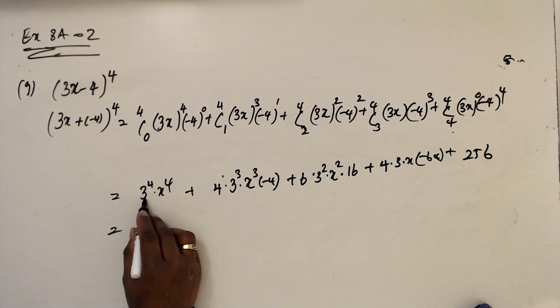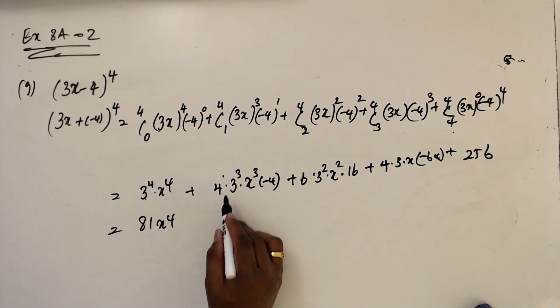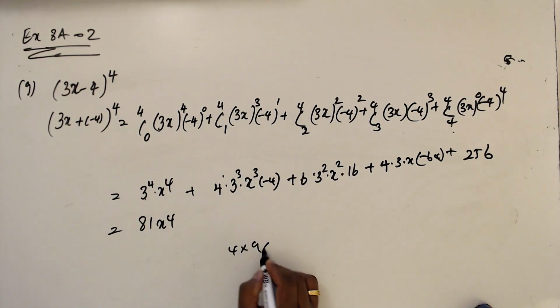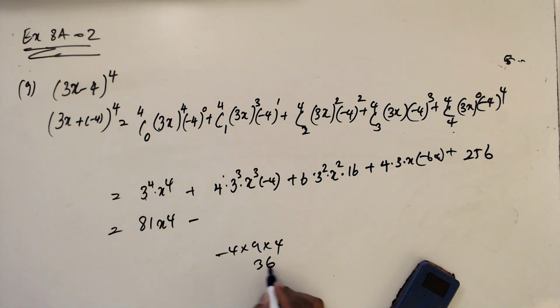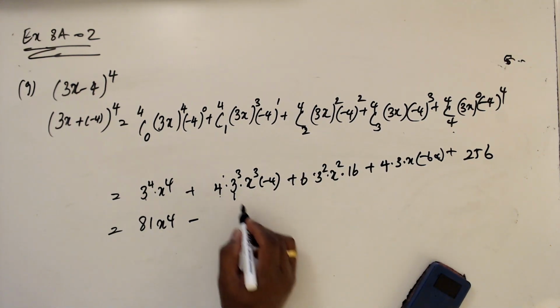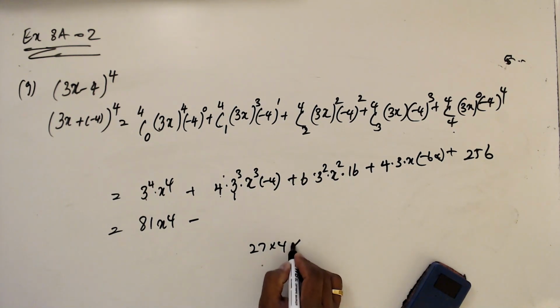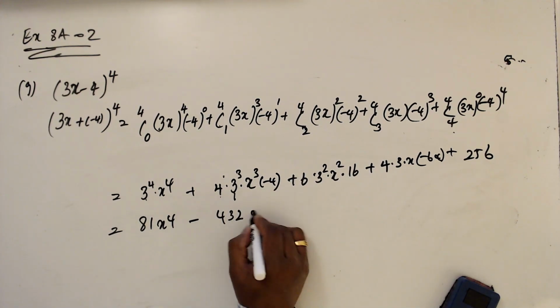Now this is 3^4, so 81x^4. Then this is 4 times 27 times 4, minus, because this is minus, 432 x cubed.